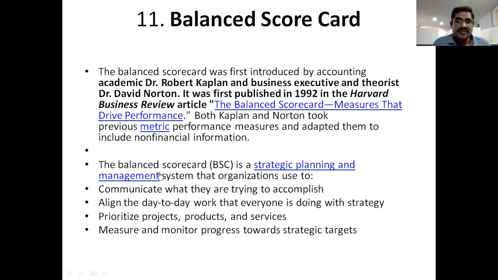So here, look at this. The balanced scorecard, simply BSC, is a strategic planning and management system that helps organizations communicate what they are trying to accomplish, and align the day-to-day work that everyone is doing with strategy, prioritize projects, products and services, and measure and monitor progress towards strategic targets.